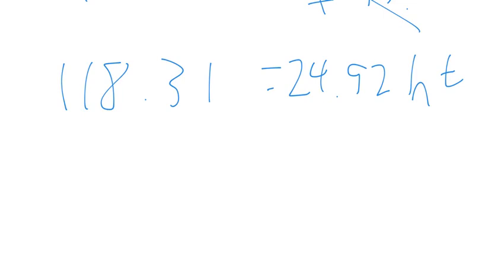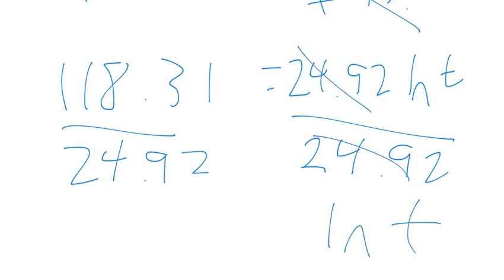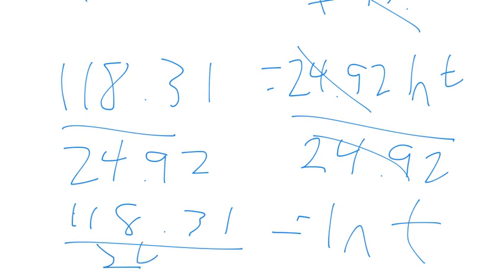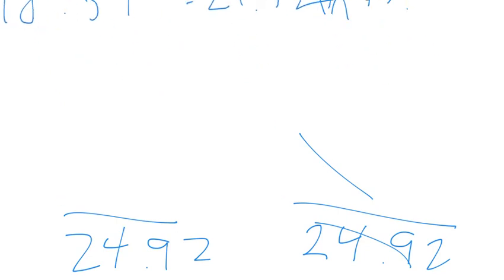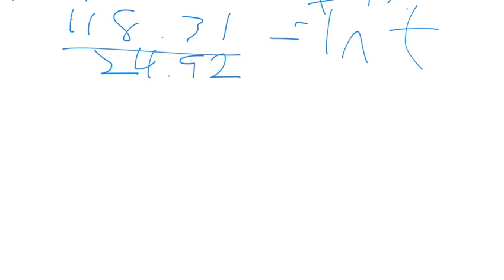So now you gotta solve for ln of t, get the natural log by itself. So divide by 24.92. So that tells you the left-hand side simplifies to ln of t equals, you can just leave it as a fraction, 118.31 over 24.92. Now remember, ln of t, since our variable is inside the logarithm, let's rewrite this.